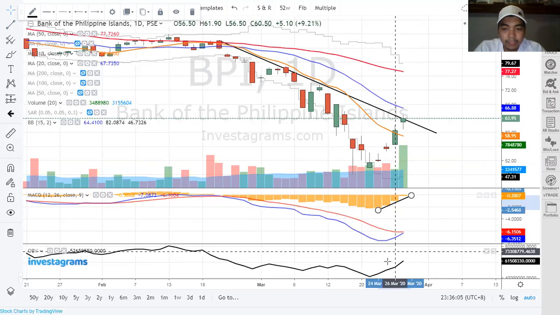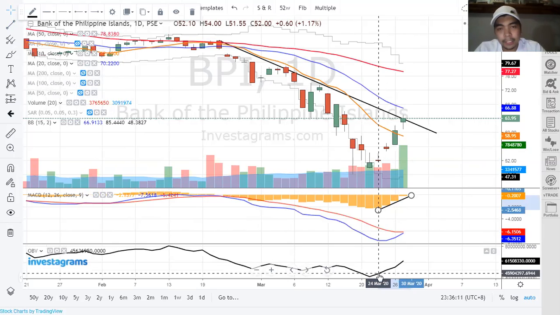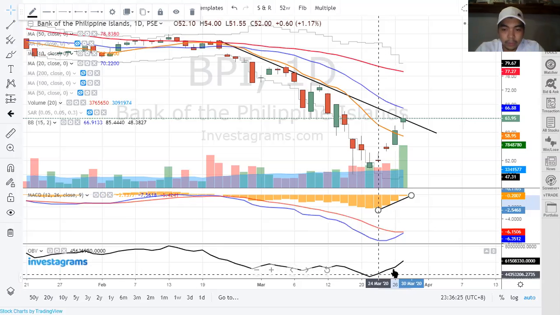The OBV is a momentum indicator you can use. The sharper it is, and the direction where it is headed, that is where you can project the price is going. So here it's going upwards.